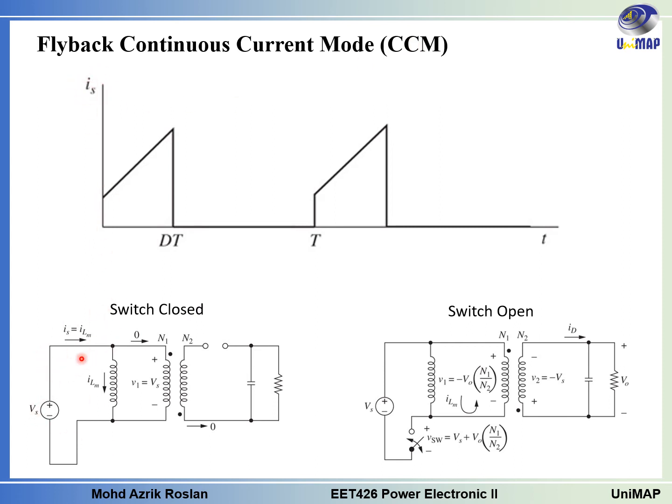Remember that the input current will be the same as the ILM during the switch turn-on. But after the switch turns off, there will be no more IS at this point because the switch is already open, so the current becomes 0 for IS. But when the switch is turned back on, the current will follow the ILM.